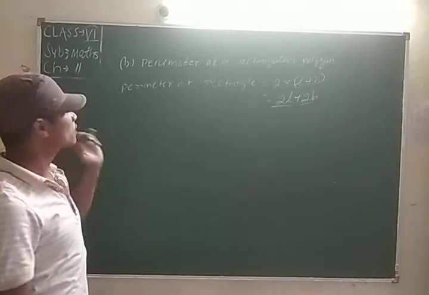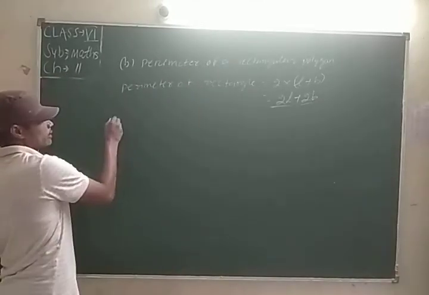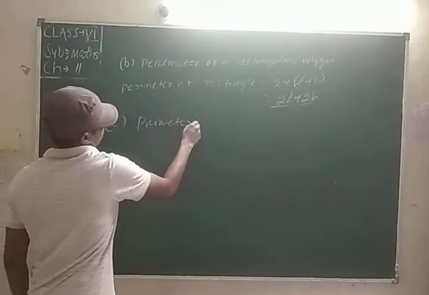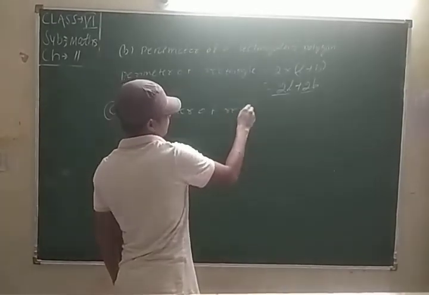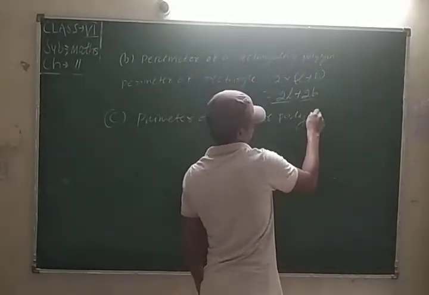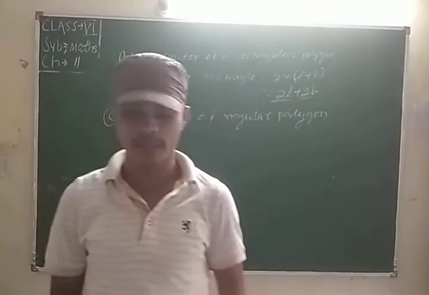Now the third one is the perimeter of a regular polygon. A regular polygon means a figure with 5 sides or 6 sides.